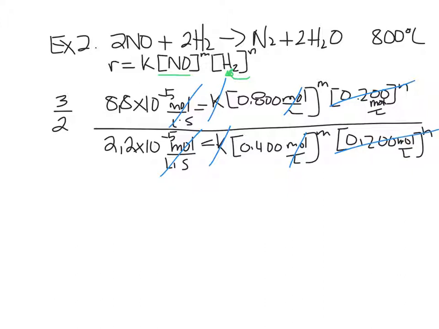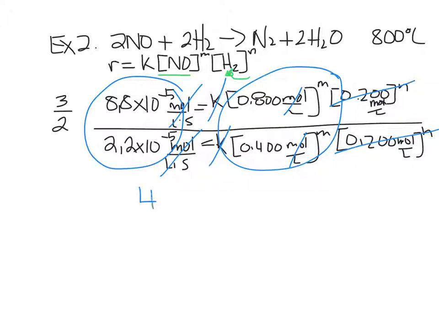So we're left with 8.8 times 10 to the negative 5 divided by 2.2 times 10 to the negative 5 and 0.8 to the m divided by 0.4 to the m, which is the same thing as 0.8 divided by 0.4 all to the m. So this is equal to 4, and this is equal to 2 to the exponent m.